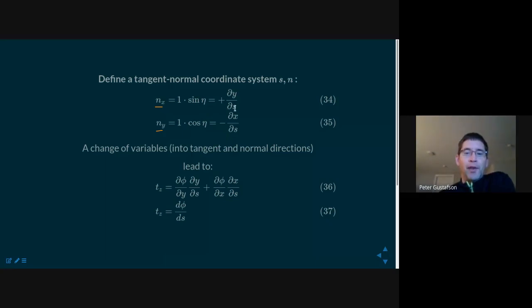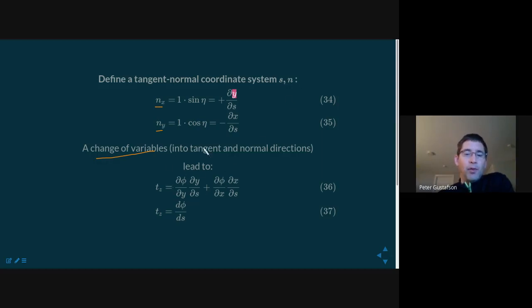And by the way, this can be related to the derivative of y with respect to s, or the derivative of x with respect to s. So this is just a transformation between a normal and tangent coordinate system, s-n, and an xy coordinate system. I think it's relatively straightforward, something you've seen many times in the past. So what we're developing is a change of variables, moving back and forth between s-n and xy.